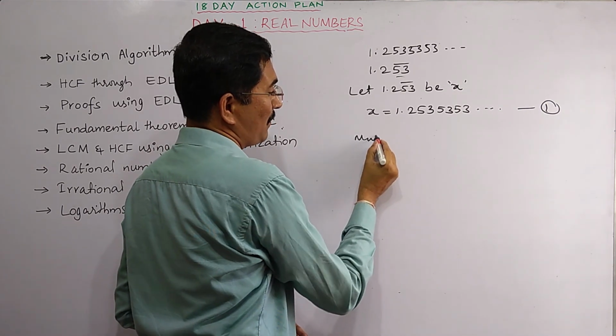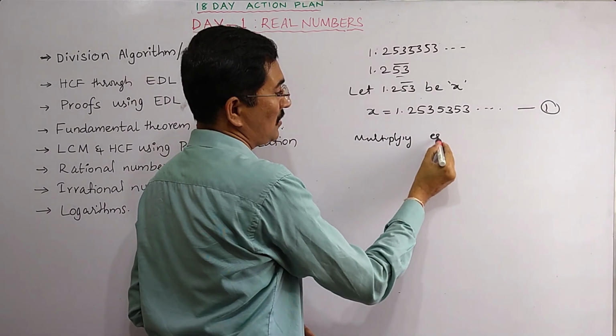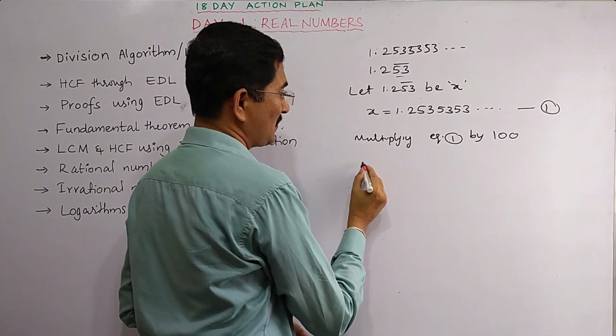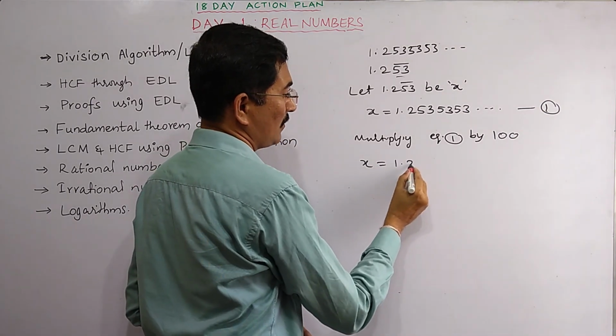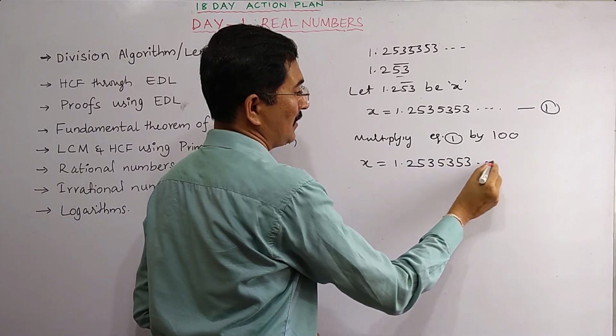So we say multiplying equation number 1 by 100. So it comes like this. x is equal to 1.2535353 and so on.